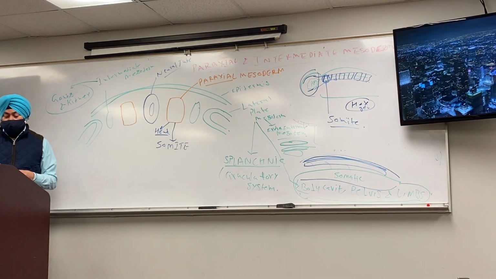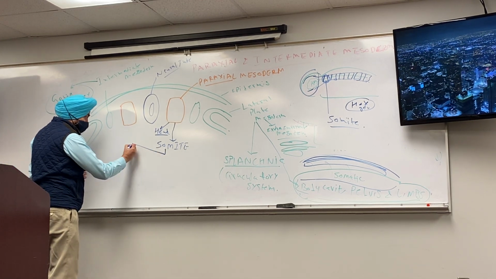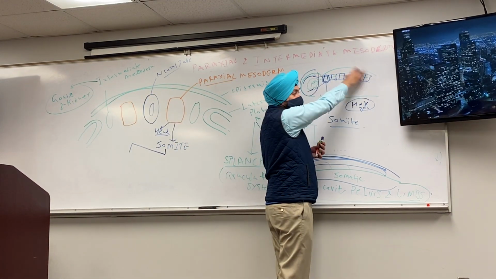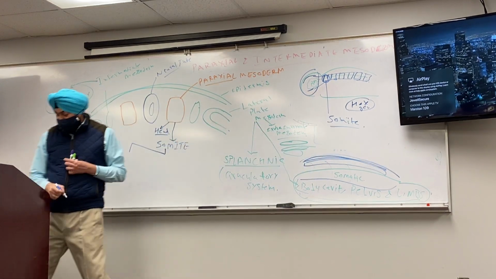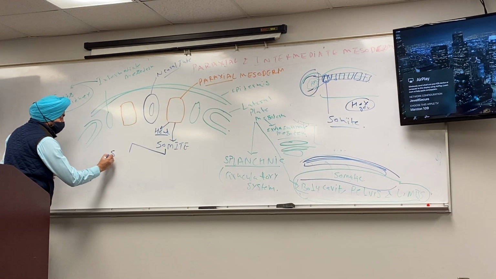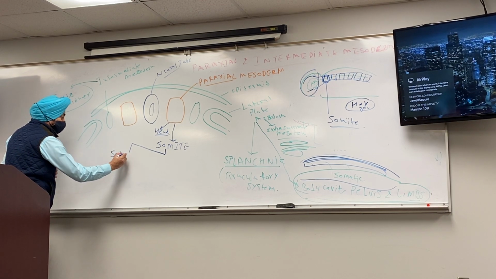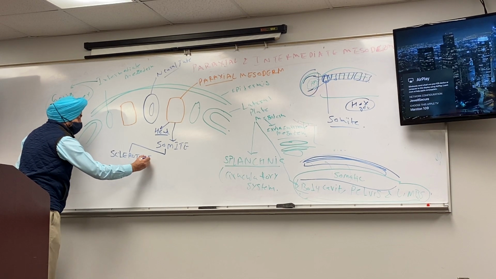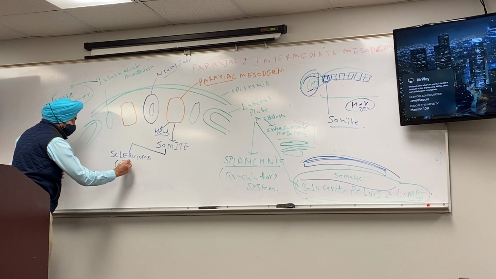Okay. Now each somite is going to give you multiple things, depending upon the location along the body axis. These somites are going to give you sclerotome, sclerotome is cartilage.